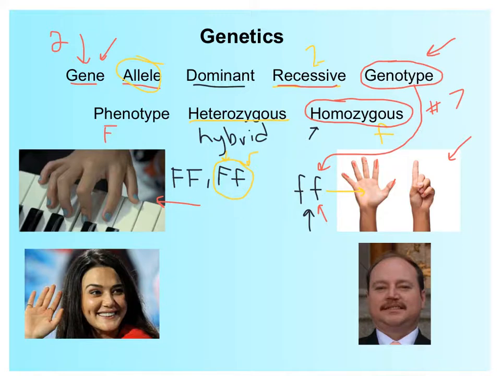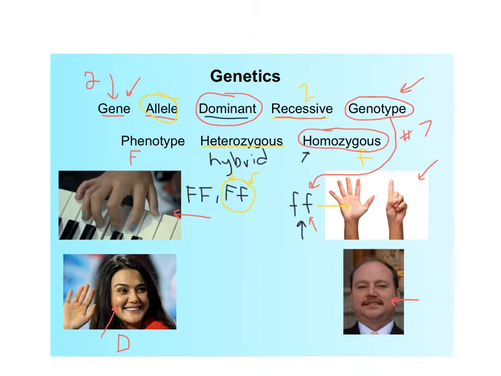Now moving on to the pictures on the bottom. This little dent on that girl's face, that's called a dimple. Dimples are dominant traits. So we will signify that with a big D for dimple. Now this guy over here has no dimples. And we will signify that with a lowercase d.